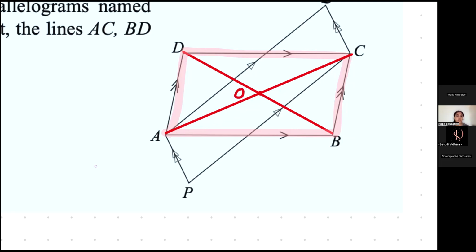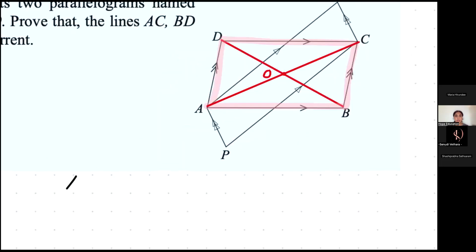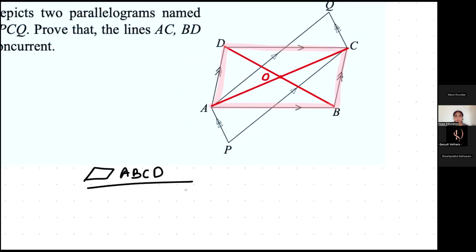Okay. So I will write it as parallelogram ABCD. AO equals OC and DO equals OB.